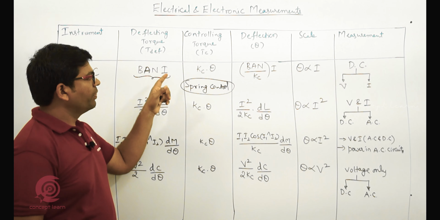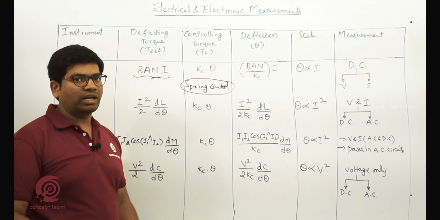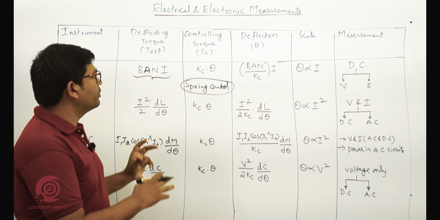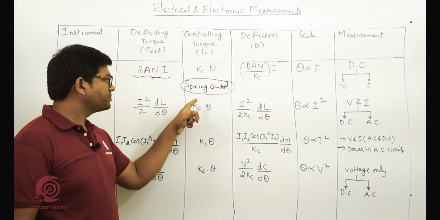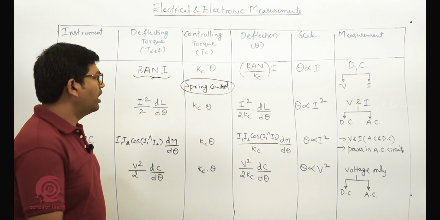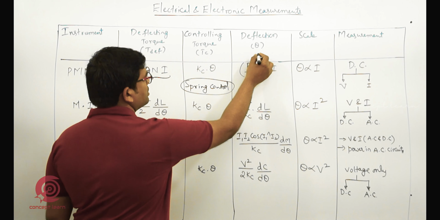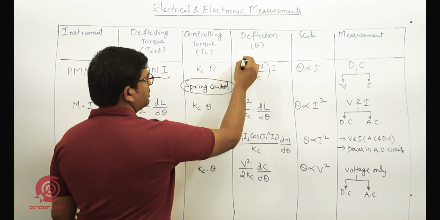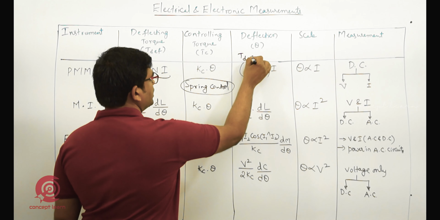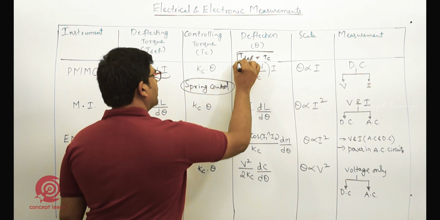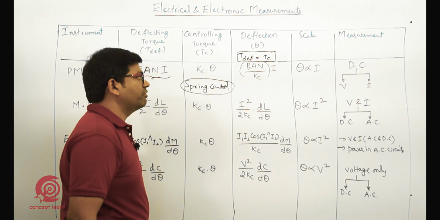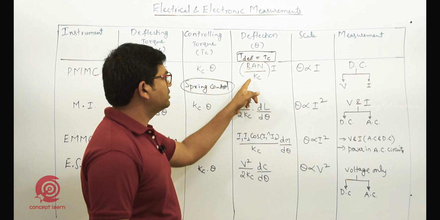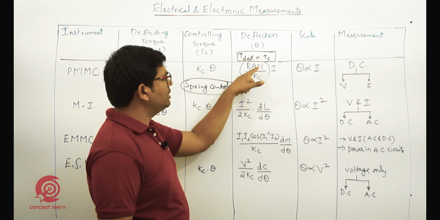But in all these instruments we use the standard method for producing the controlling torque, that is the spring control method. When you equate both, whenever deflecting torque is equal to controlling torque, we get the expression for pointer deflection, that is BAN by Kc.